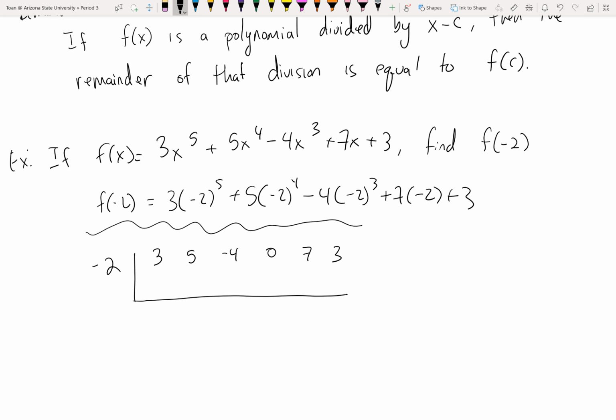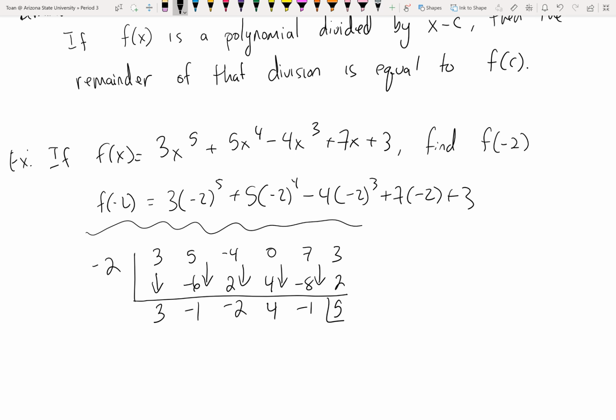Synthetic division, this here, should take you 10 seconds. 3, negative 6, negative 1, 2, negative 2, 4, 4, negative 8, negative 1, 2, 5. 5 seconds, 10 seconds. I don't have to do any exponents.